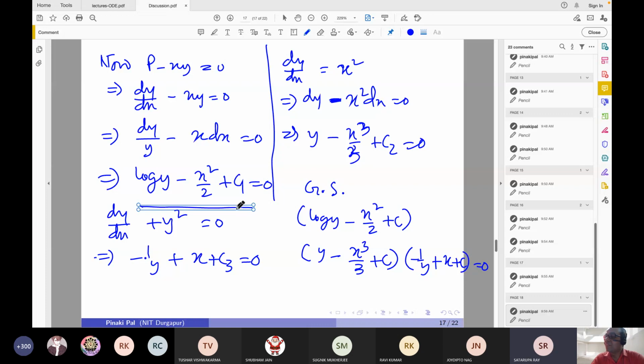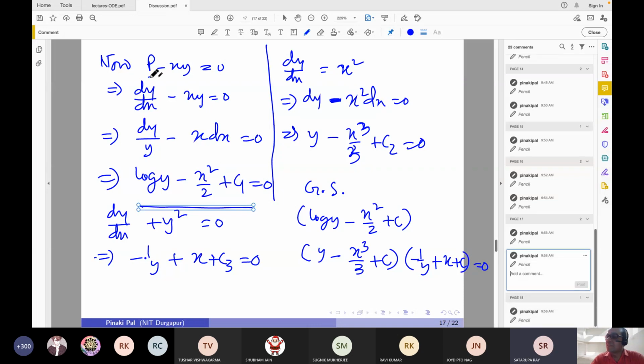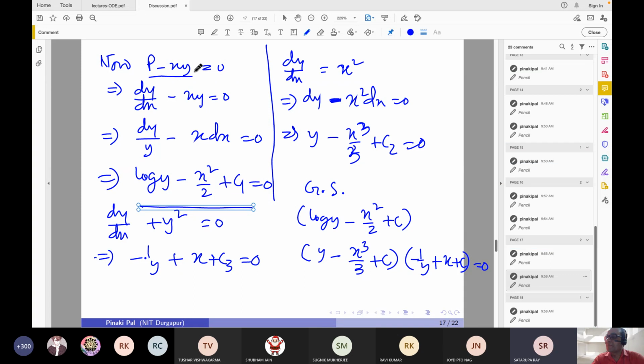If you differentiate it, I will get p minus xy equal to 0, from this implicit relation. And from this implicit relation, if you differentiate, you will get dy by dx equal to y square. Sorry, there is some mistake. P minus y square was the factor.